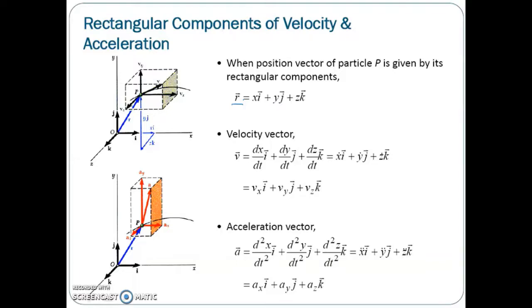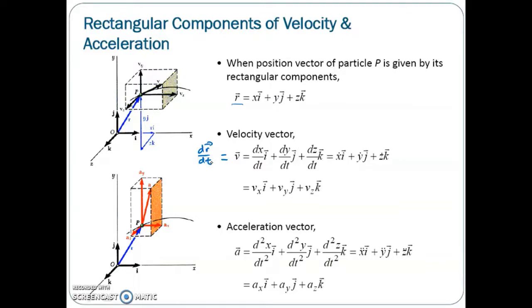If we differentiate the position vector once, we will have our velocity vector v equals dr dt, if you still remember.